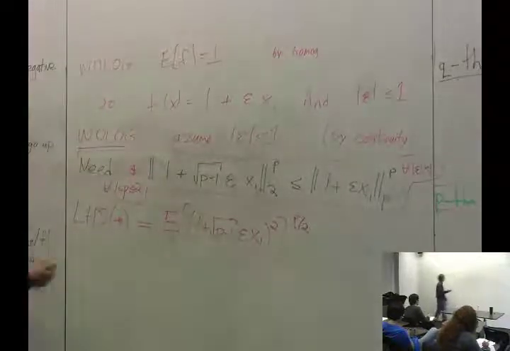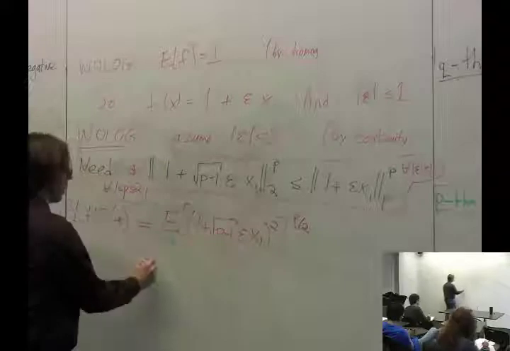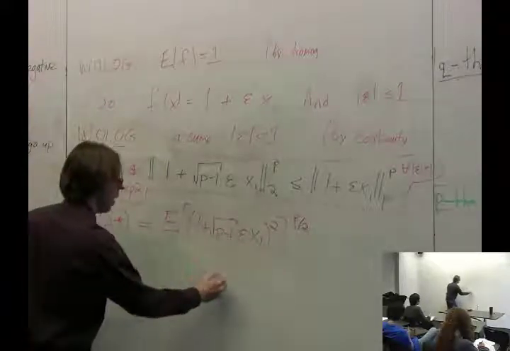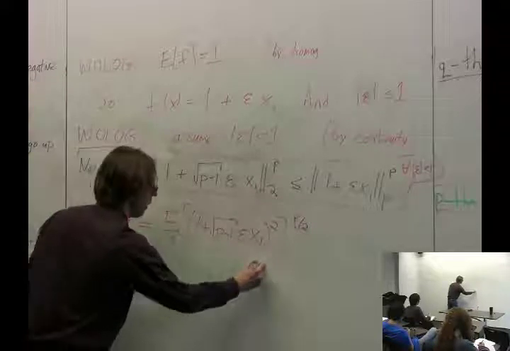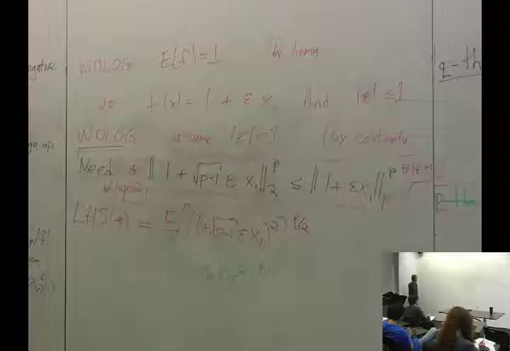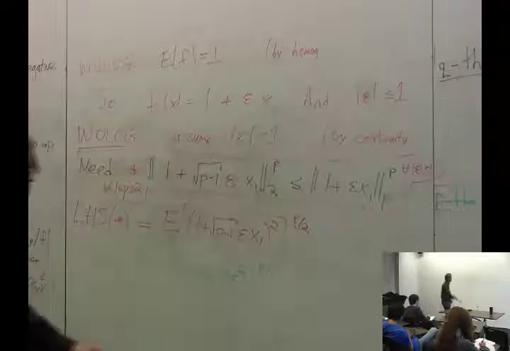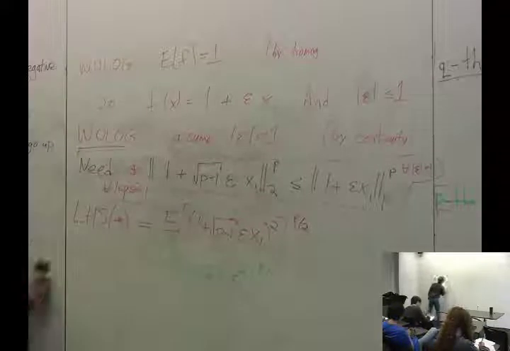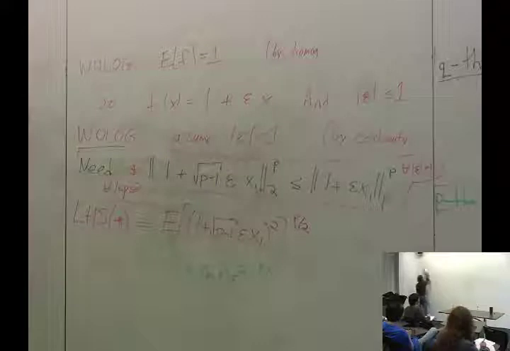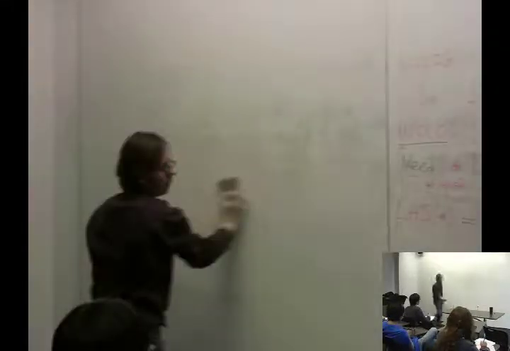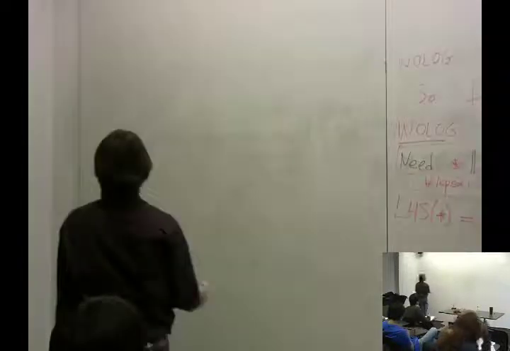It's just the sum of the squares of the coefficients, so it's (1 plus p minus 1 epsilon squared) to the p over 2. I'm going to handle it by some very simple inequality, similar to the Bernoulli inequality.